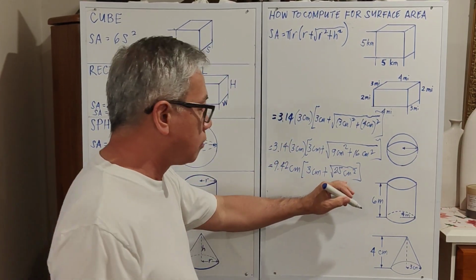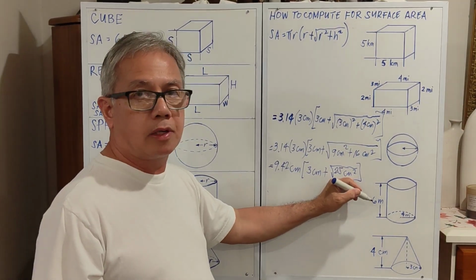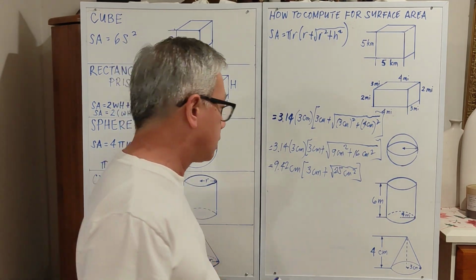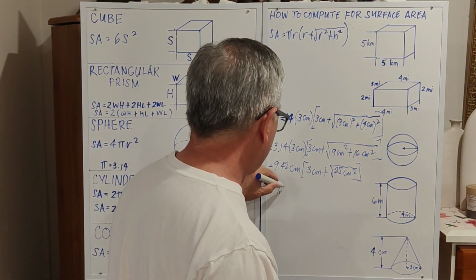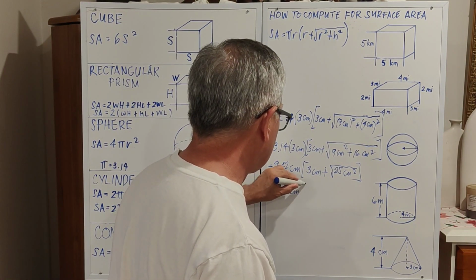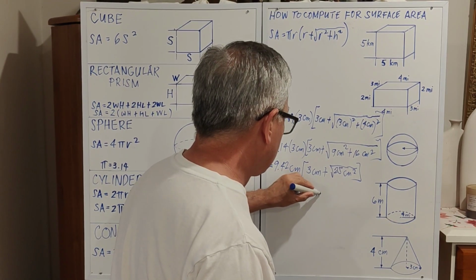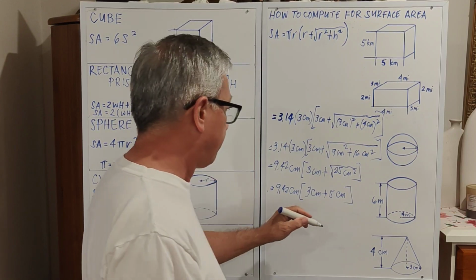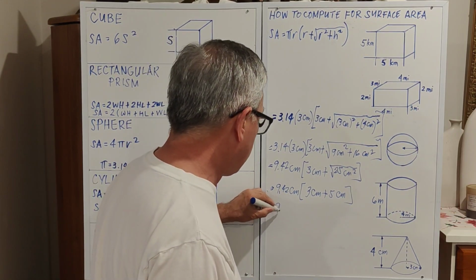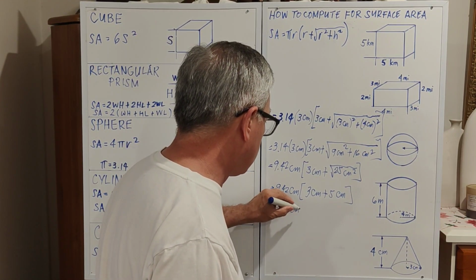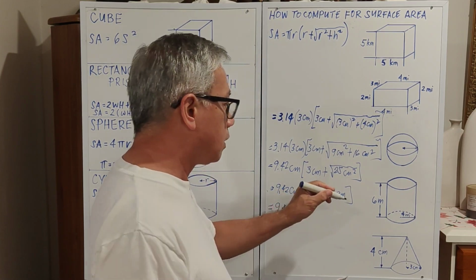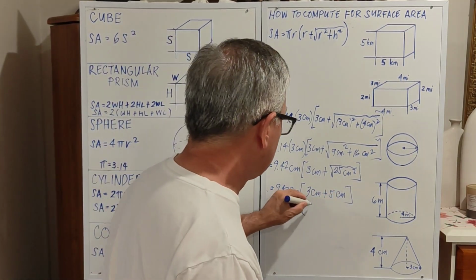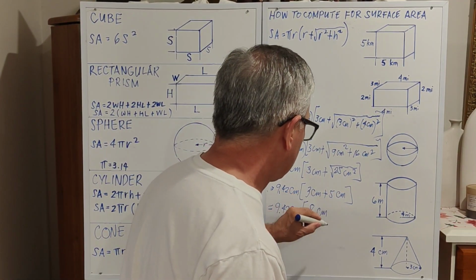Now, the square root of 25 centimeters squared is 5 centimeters. So we have 9.42 centimeters times 3 centimeters plus 5 centimeters, which is 8 centimeters.